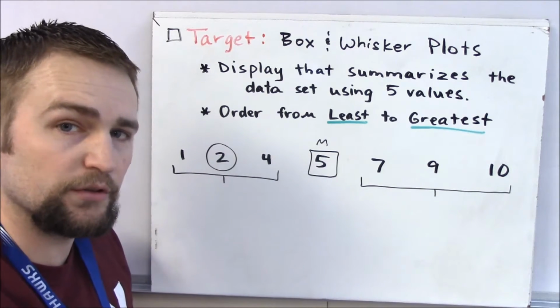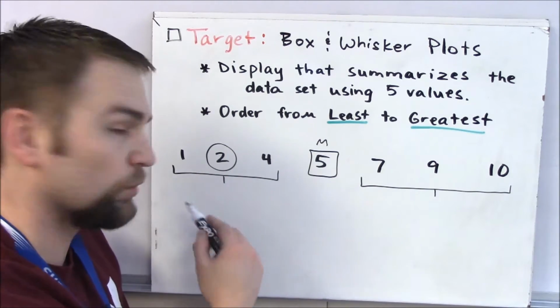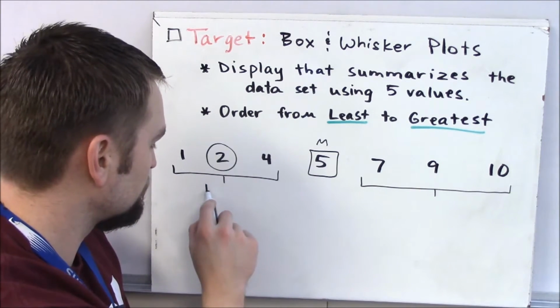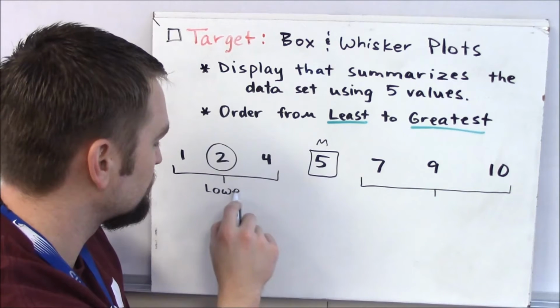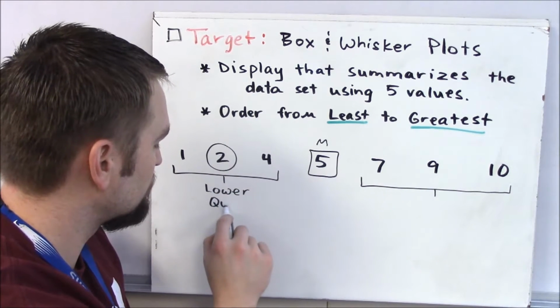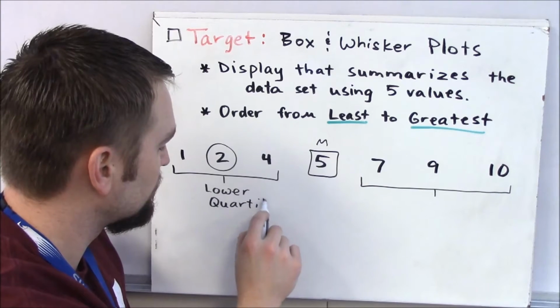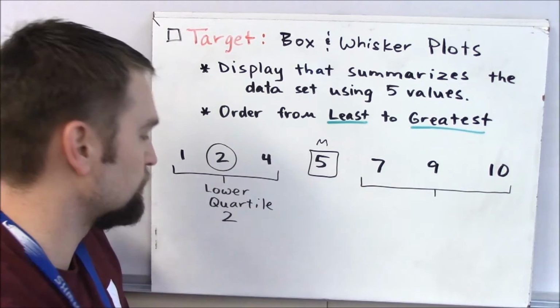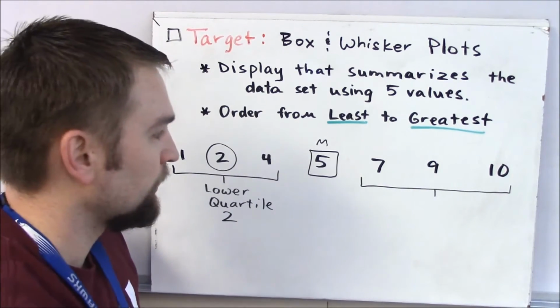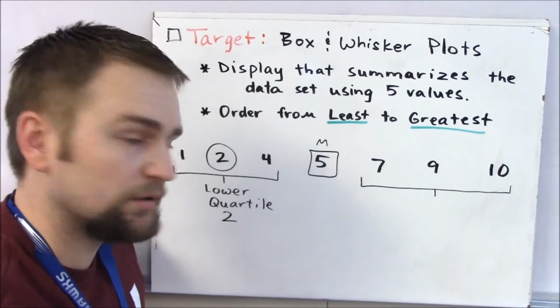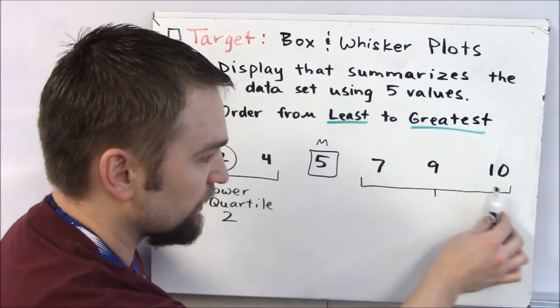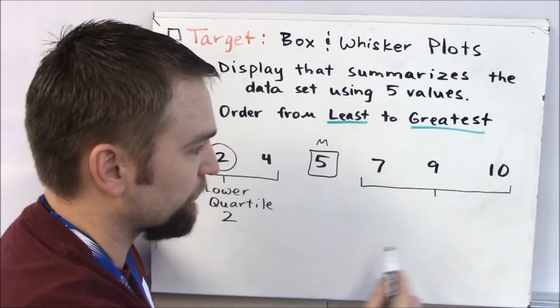We call this the lower quartile, or lower quarter. So the lower quartile is 2. Let's do the same thing in the upper half. We have a 7, 9, and 10, 3 pieces of data.